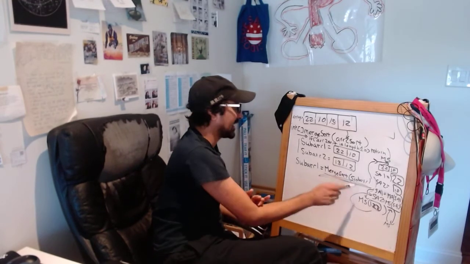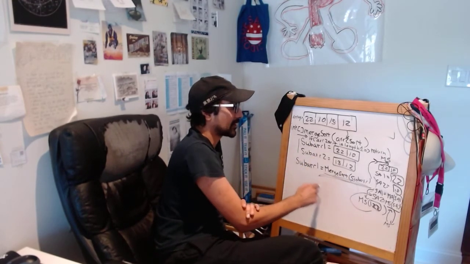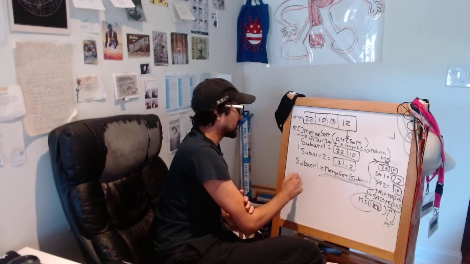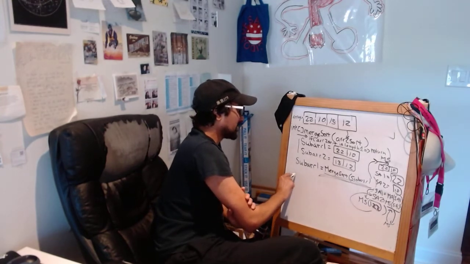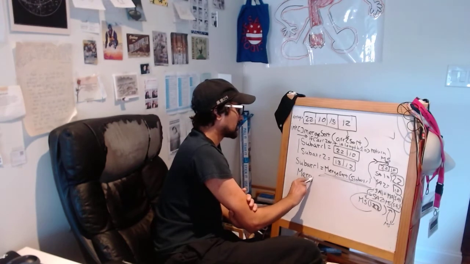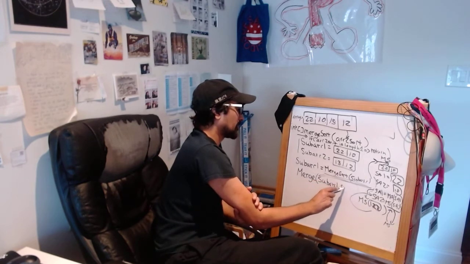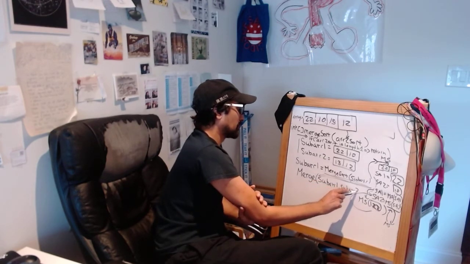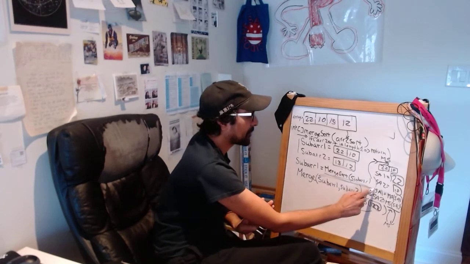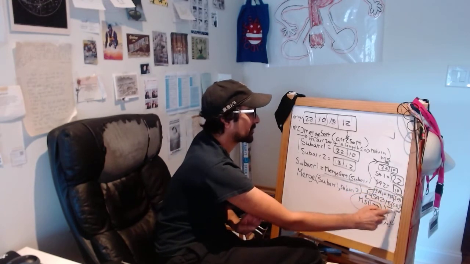So after this, and I'll do it in the main function over here, and then we'll assume it's in that function, we've got to do this thing where we merge subarray 1 and subarray 2, okay? And that's the step we're on here. We've gone into the recursion.